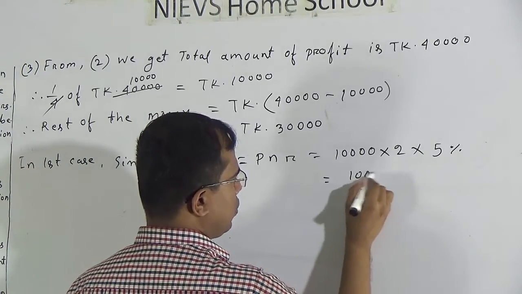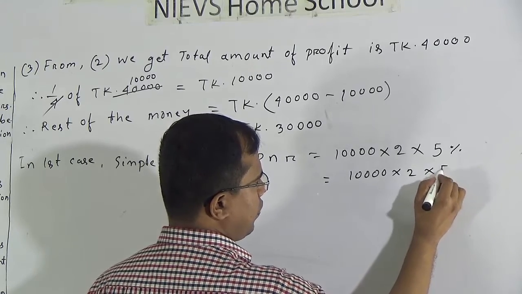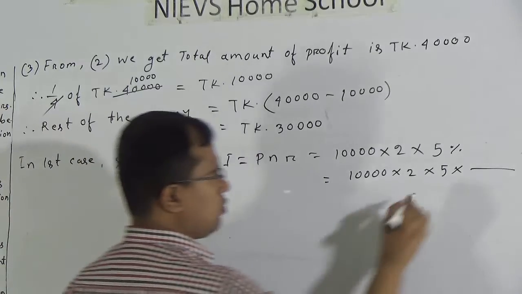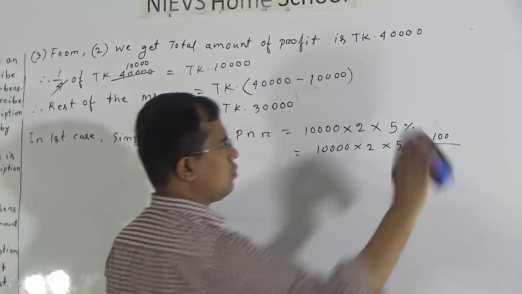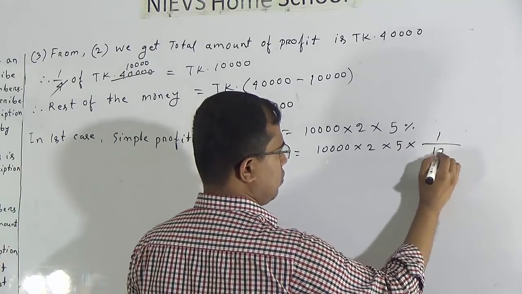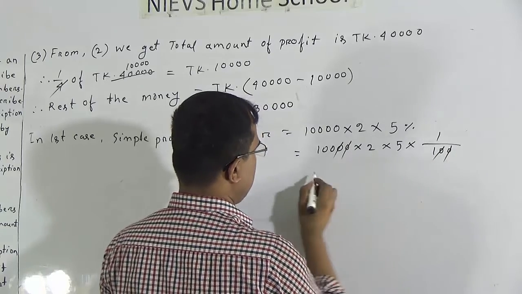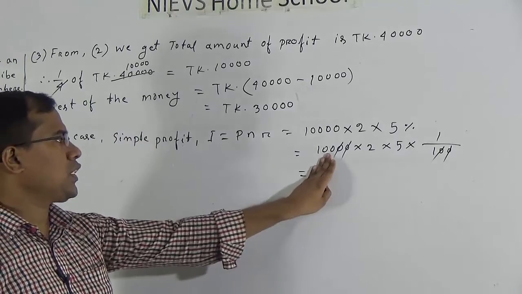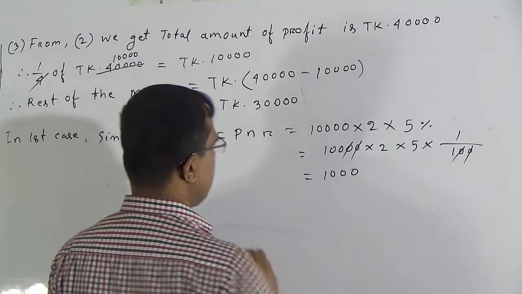Now 10,000 multiplication 2 multiplication 5 multiplication, instead of percentage we can write 1 by 100. Now we can cut this 0 with this 0 and this 0 with this 0. Now 2 multiplication 5, this is equal to 10, and 10 multiplication 100, this is equal to 1000.